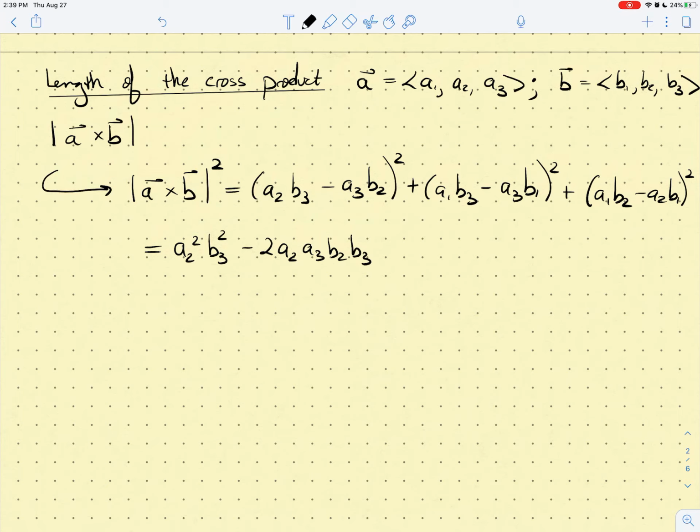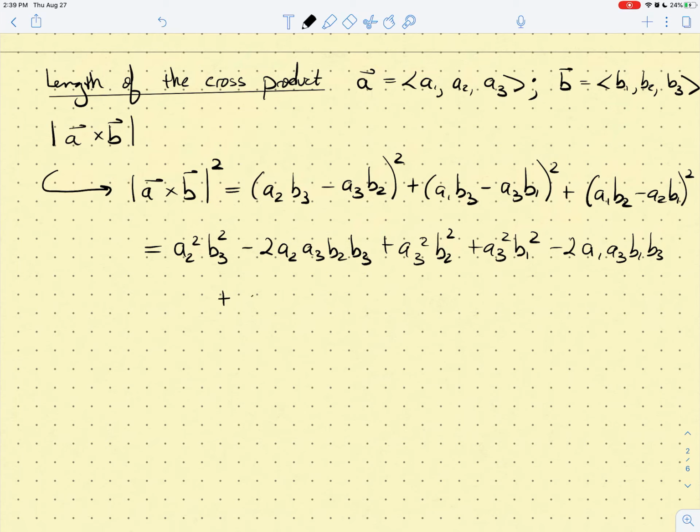Oh, yes. And then you're going to get a plus A3 squared B2 squared, plus A3 squared B1 squared, minus 2A1 A3 B1 B3. I'm just literally squaring each one of these.